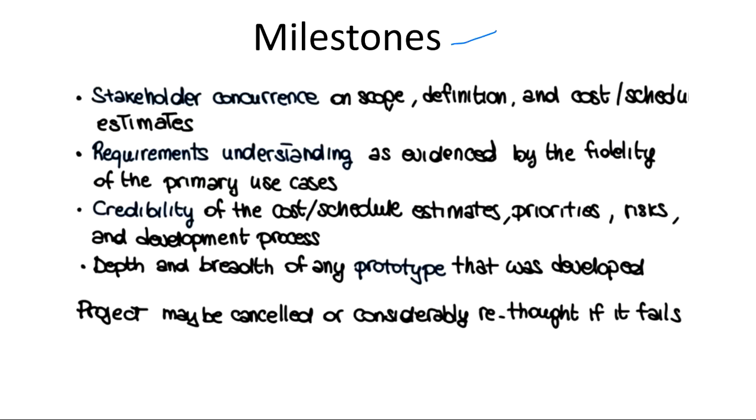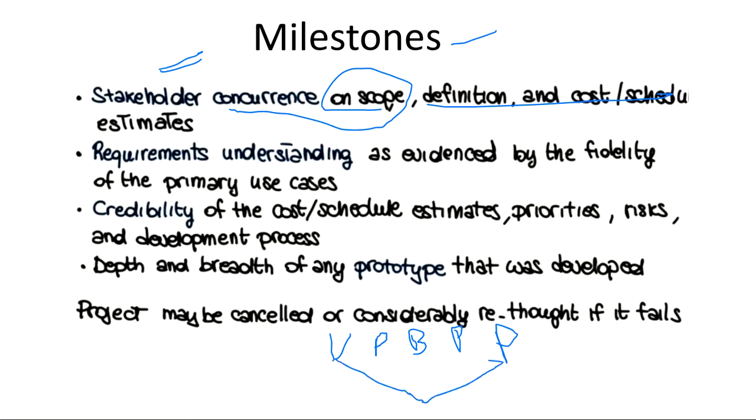Okay, stakeholder concurrence on scope definition. Stakeholder means every person involved in the project: user, project manager, business analysts, the people who have given money for your project or who have sponsored your project, the developers, everyone will decide on a particular point that, okay, we need these kinds of systems or these kinds of things in our project only.